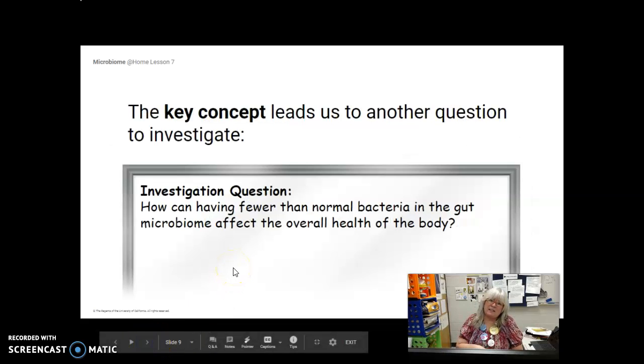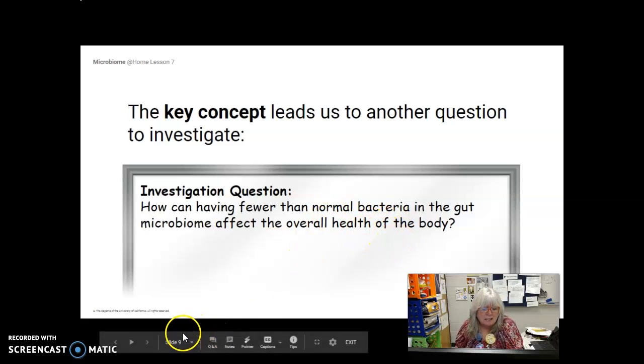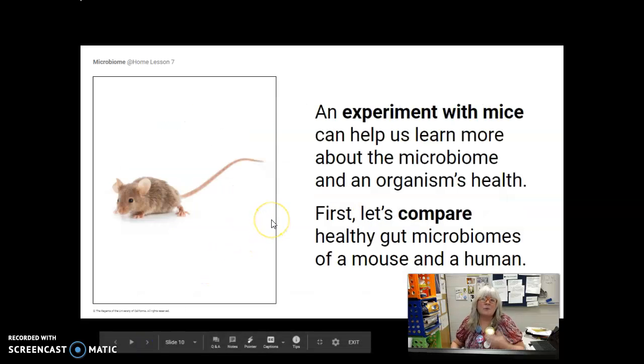So understanding that key concept also leads us to asking another question. How can having fewer than normal bacteria in the gut microbiome affect the overall health of the body? So this is what we want to be thinking about as we look at new information.